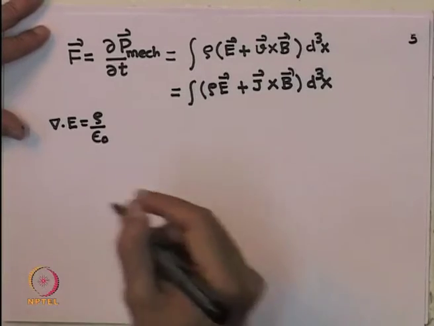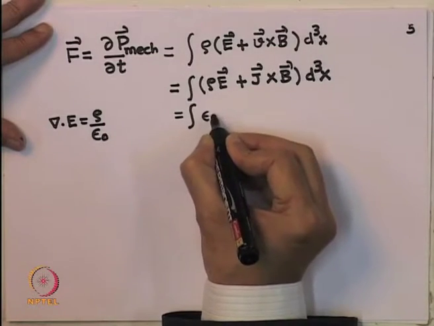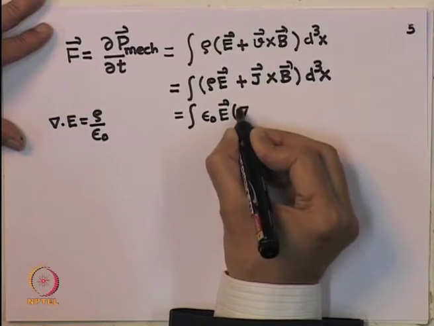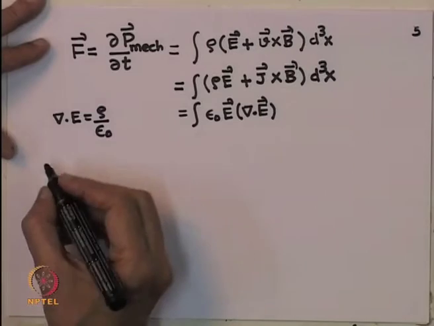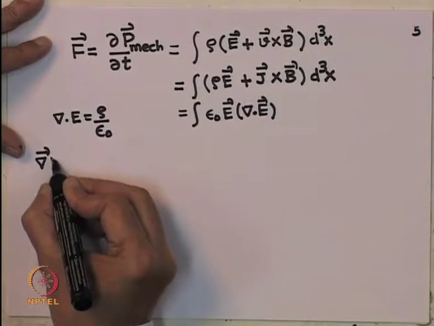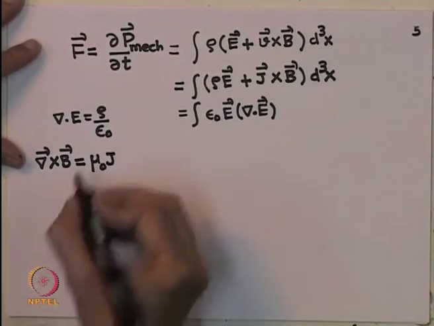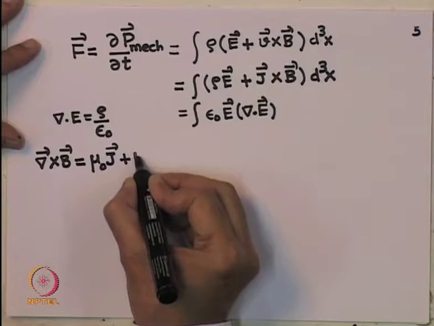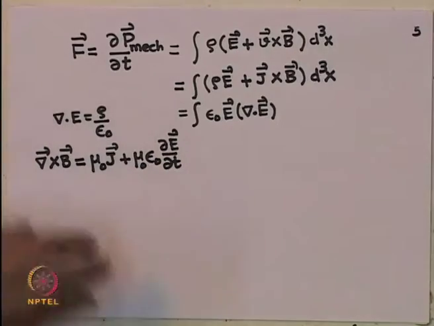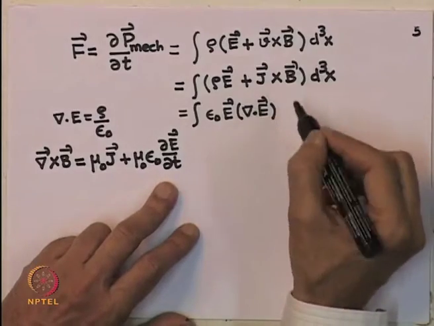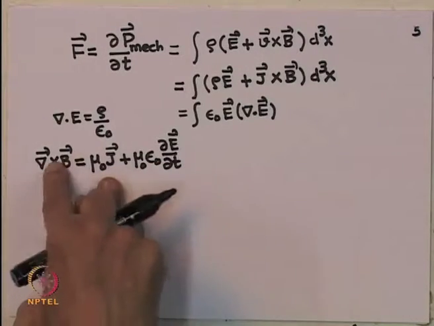So, instead of rho times E, I will write epsilon 0 E times del dot E. The second equation that I will be using is del cross B. As we know, this is Maxwell's Ampere's law, mu 0 J, modified according to Maxwell to include mu 0 epsilon 0 dE by dt. For this J, I am going to replace it by the difference between these two things.